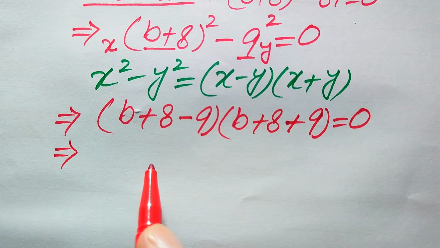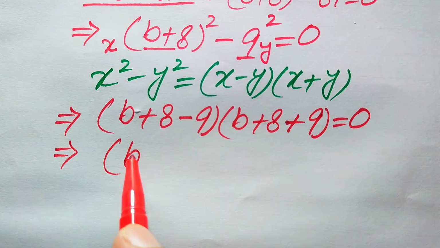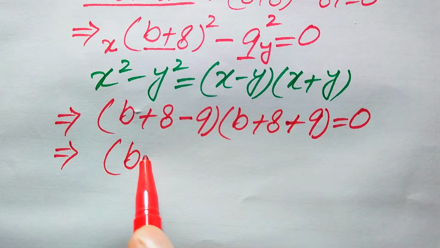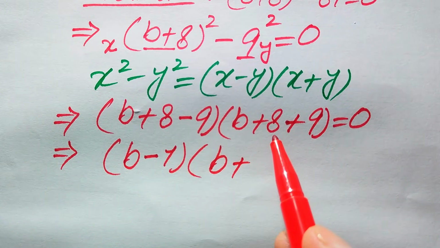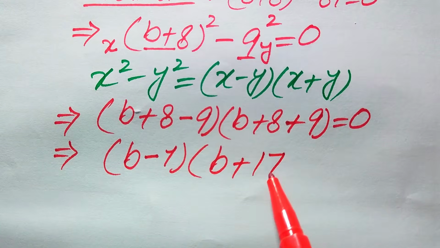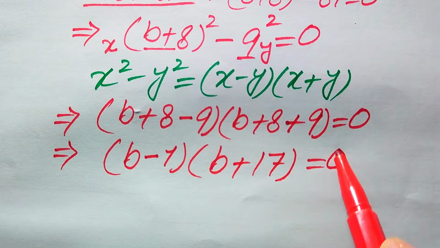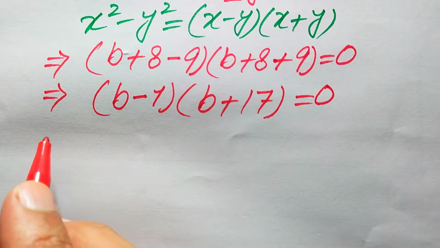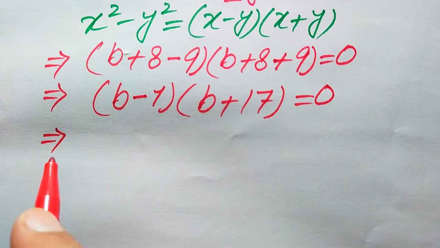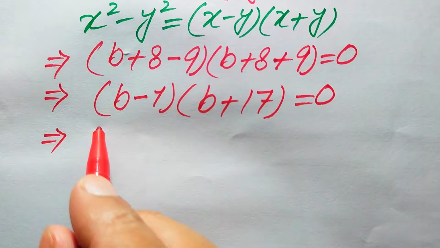Here we simplify the terms, adding or subtracting the like terms, and we have (b + 8 - 9) which becomes b - 1, and (b + 8 + 9) becomes b + 17, and this whole equation equals 0. In the next step we divide this into two cases.